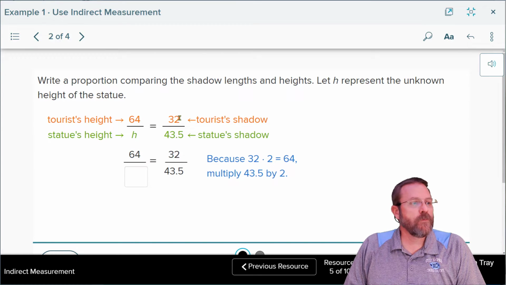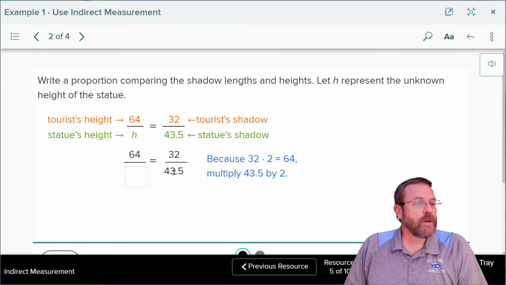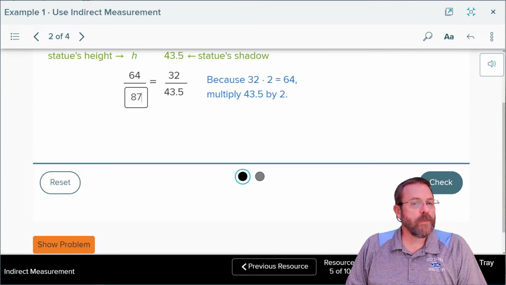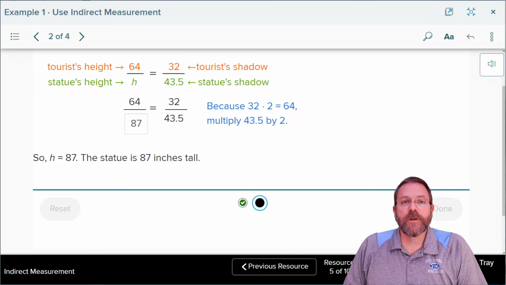So you ask yourself, 32 times what is 64? And that is going to end up being 2 that you see there. Because we multiply 64 by 2, we also need to multiply the shadow of the statue by 2, which is going to be, let's see, that's 87 inches is what's going to go right there. Check it. And now we know that the statue is 87 inches tall.